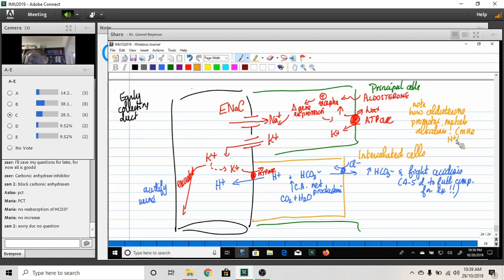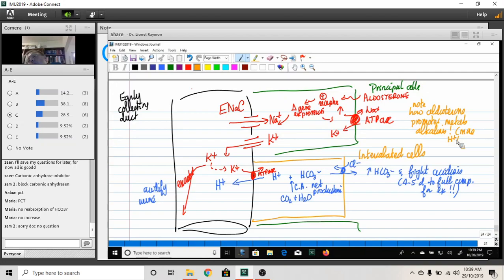There we go. The other possibility is for protons to come out with the chloride. And now you have chloride out here at the same time.